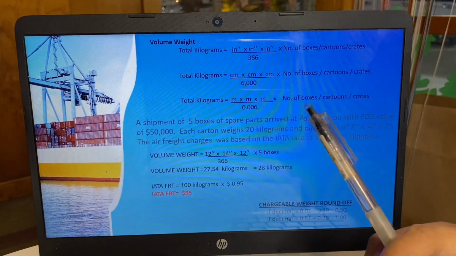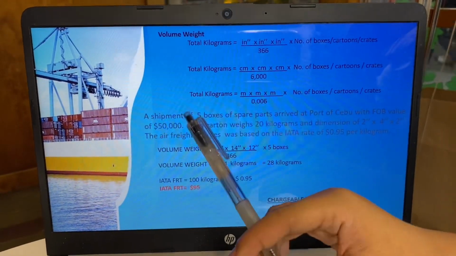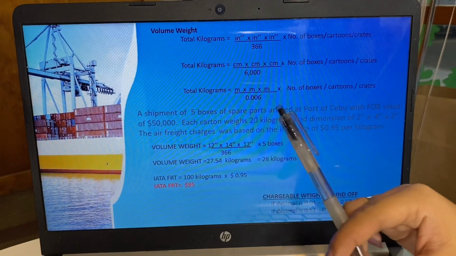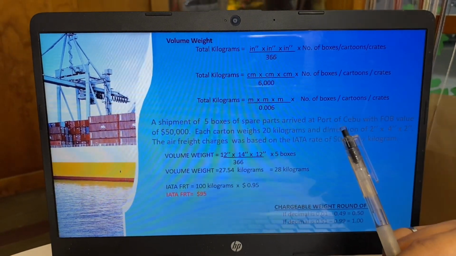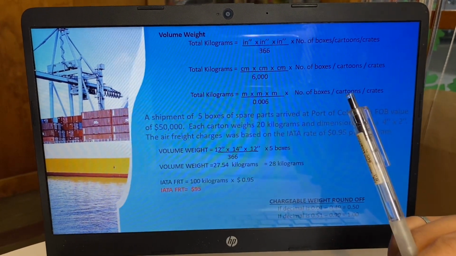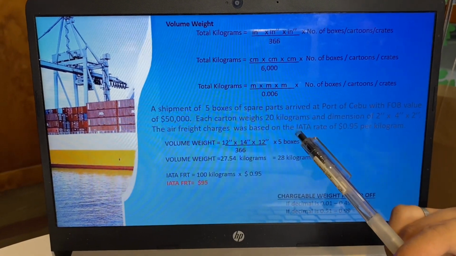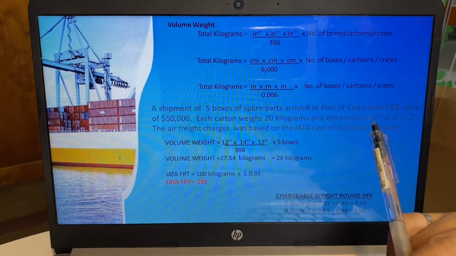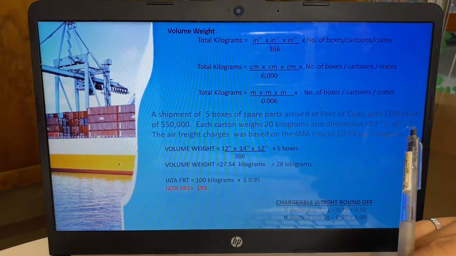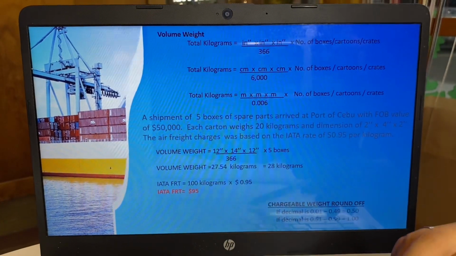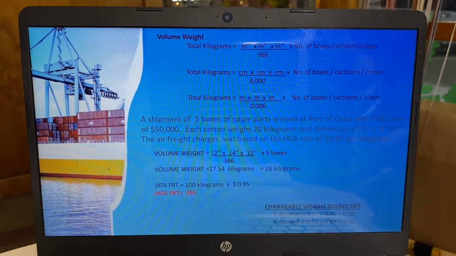So same with the previous example, a shipment of 5 boxes of spare parts arrived at Port of Cebu with an FOB value of 50,000 US dollar. Each carton weighs 20 kilograms and the dimension is 20 inches by 4 inches by 20 inches. Oh, I already changed it.